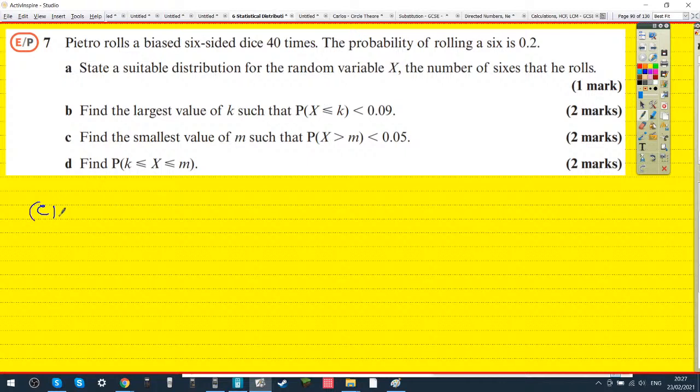So the upper is 0.09. Oh no, it isn't. Definitely not. They have to be discrete. They have to be whole numbers. Oh, it's 40. So I'll say lower is m or whatever.